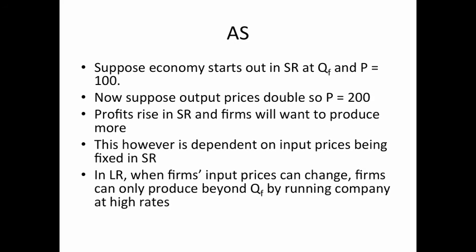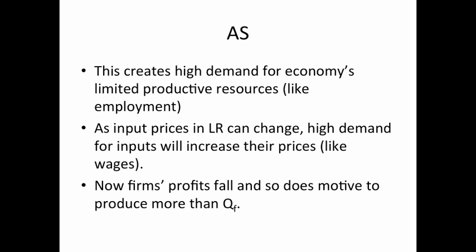But in the long run, when all of the firm's input prices can change, firms can only produce beyond full employment by running their company at higher rates, i.e. hiring more workers. So this creates more demand for labor, for example.